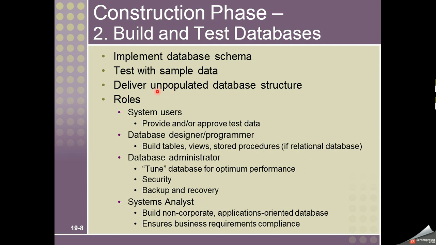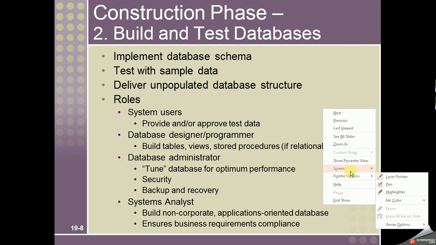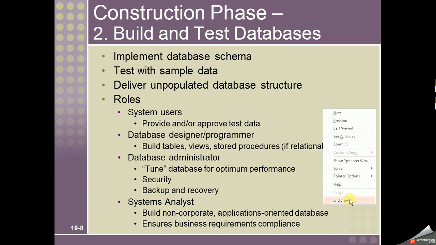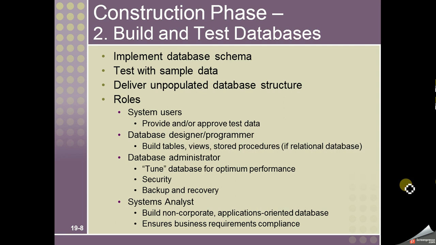What does it mean? It means that the database structure is there, but there is no data for the tables at this stage. For example, let's say I have a products table.